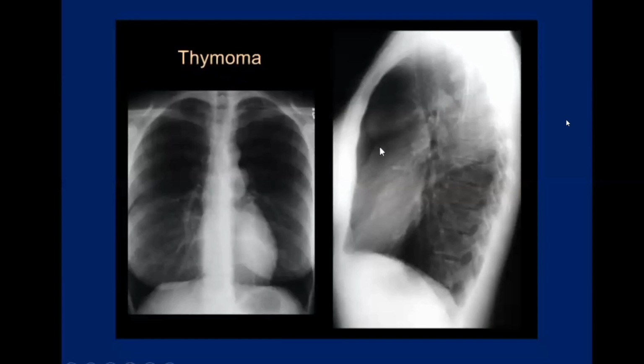However, on the lateral view, you can clearly detect that this lesion is located within the anterior mediastinum because you lose the lucency of the retrosternal space or the anterior clear space.